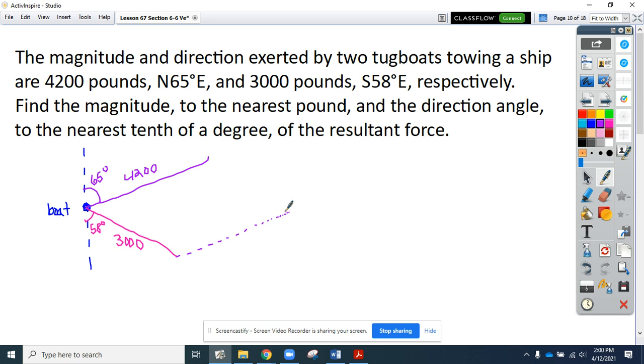To see what they're really doing. So if you line them up end to end, what we're finding, what we're looking for, the resultant is going to be this vector. Extend out a little bit. So that's what we're looking for. That's going to be our answer, the resultant. How are the two working together?